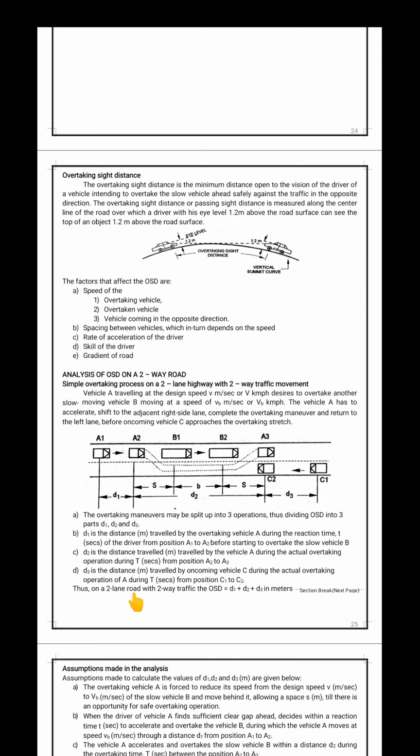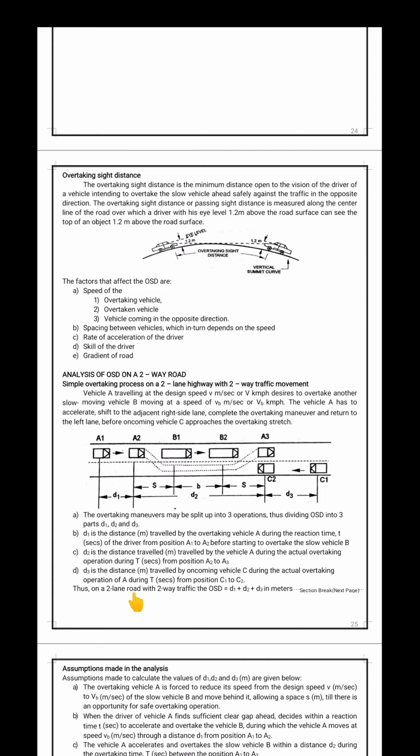To overtake, the vehicle A has to increase its speed, accelerate, shift to the adjacent lane, complete the overtaking maneuver and return to its left lane, before the oncoming vehicle C approaches the overtaking stage.